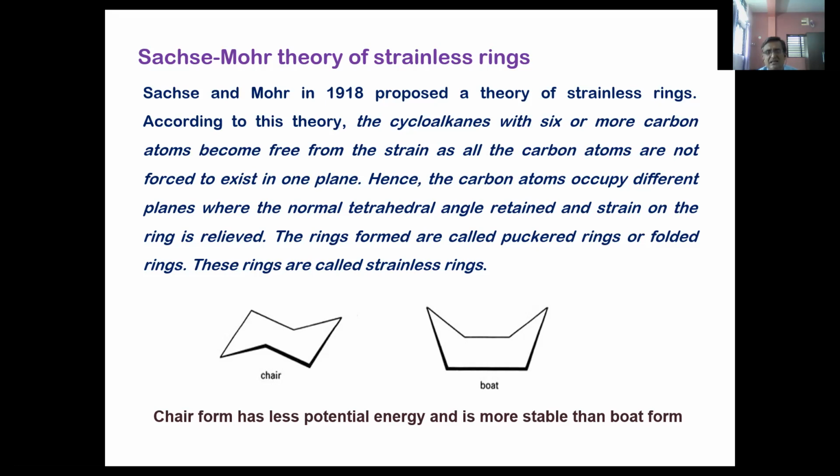It means when a cycloalkane contains 6 or more carbon atoms, they are not forced to exist in the same plane. Hence, the atoms occupy different planes where the normal tetrahedral angle is retained and the strain is relieved.